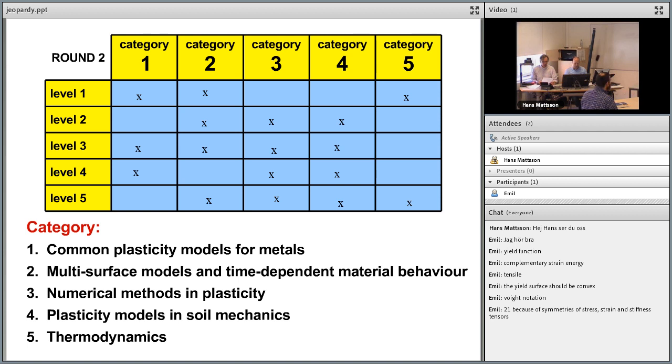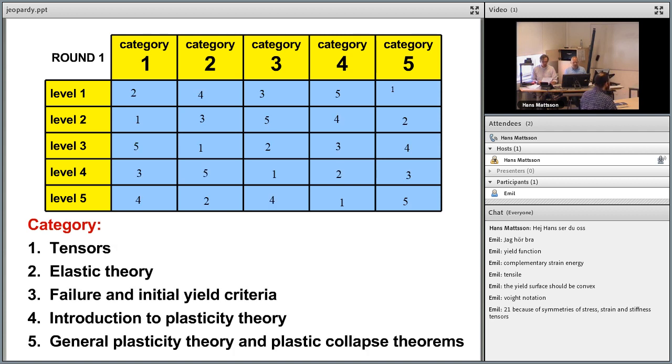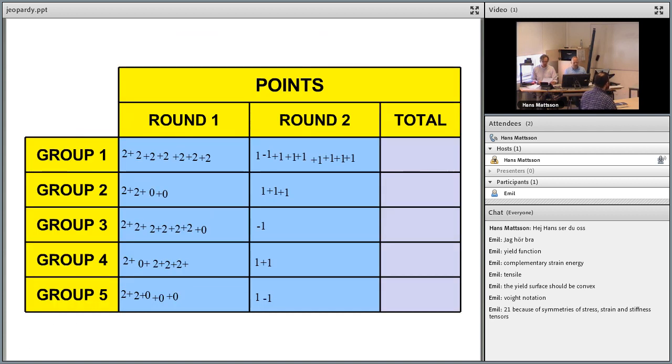Category 2, level 4. What can be suitable to model with plasticity theory based on fuzzy sets? Now everybody looks like they have never heard of it, but I have actually taught it. Group 3.